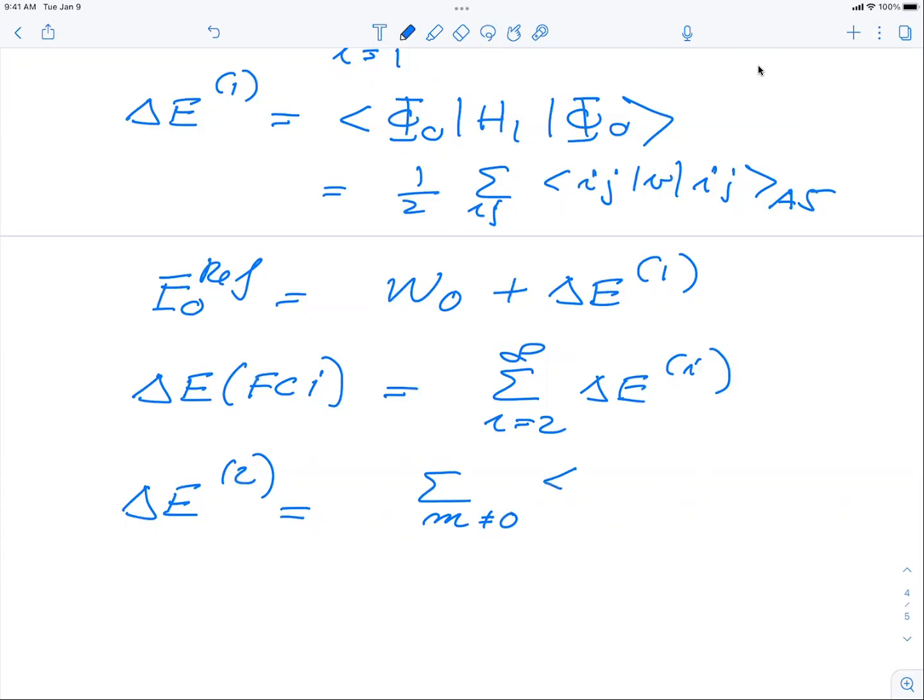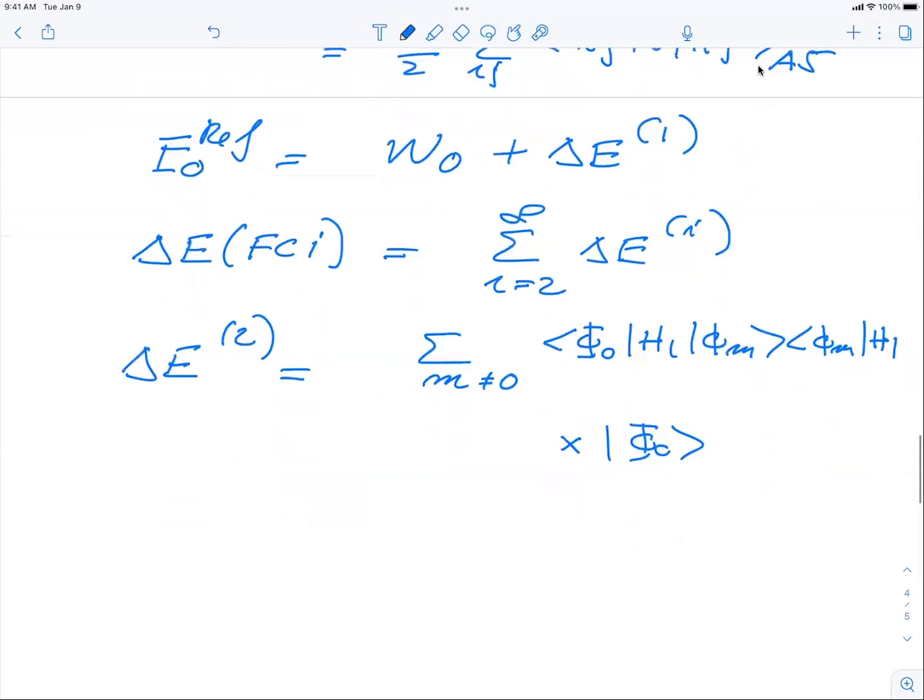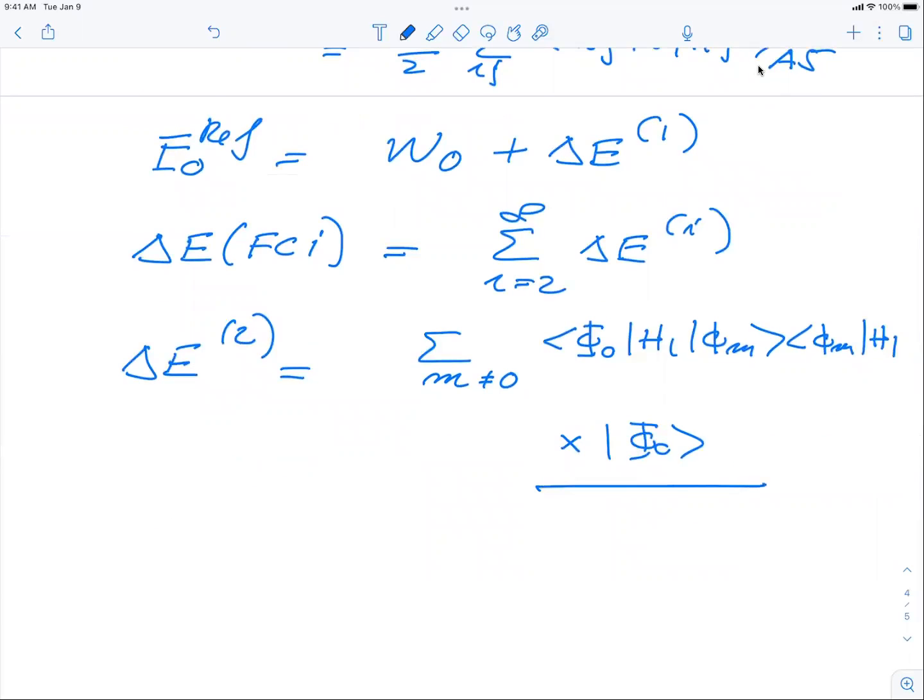And then we are going to have a matrix element phi 0, h of I, and then this phi. Now I'm writing the explicit matrix elements, phi of m, and this h of I, and then I have to sneak in a phi 0 here. So this is the matrix element to second order, and then there is an energy denominator.